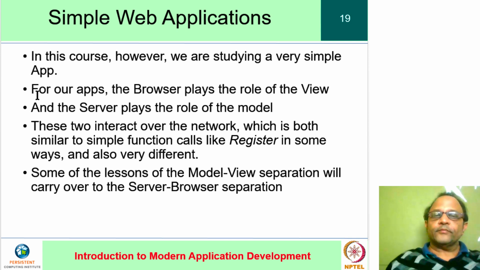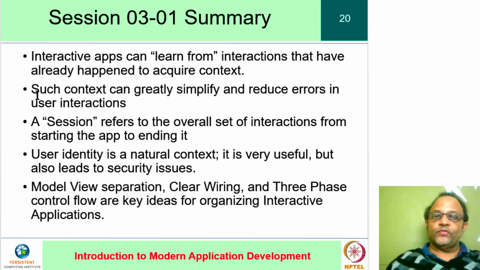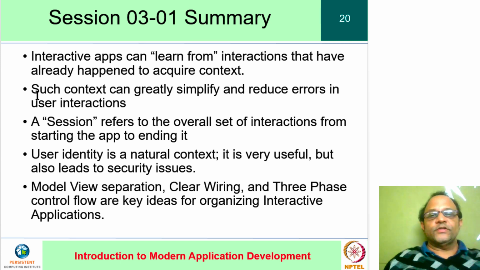Okay, now let us summarize what we have seen so far. Interactive applications can learn from interactions that have already happened in order to acquire context. Such context can greatly simplify and reduce errors in user interactions. Those two are the key elements in understanding how an interactive application differs from a command line application. Okay, the next thing is that we have introduced the idea of a session, which refers to the overall set of interactions from starting the app to ending it.